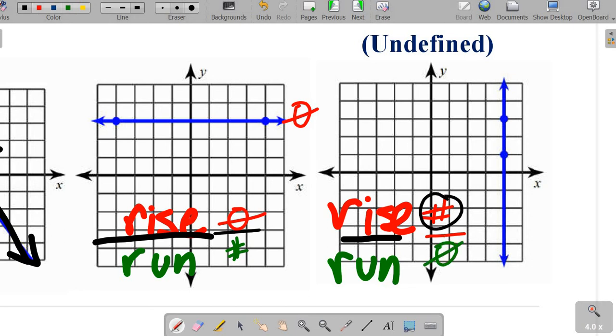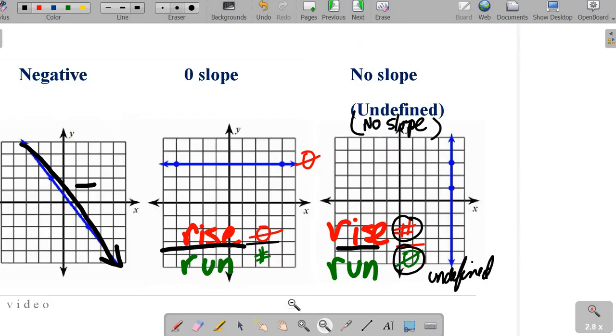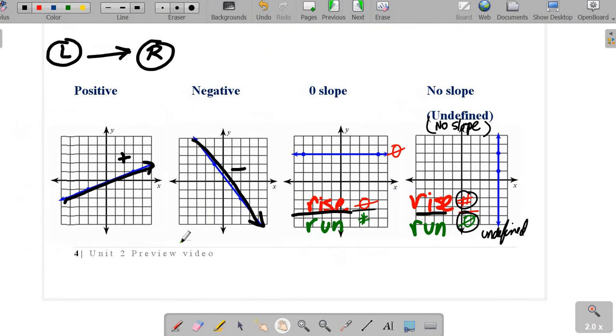Any number over a 0 is what we call undefined, which is also the same as no slope. Positive, negative, 0 slope, no slope.